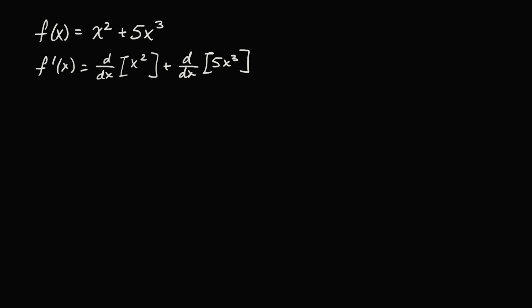Now, this is mainly because of our sum rule, stating that whenever we have a sum in the function, we can split those apart and get the derivative of each term that we have, right?